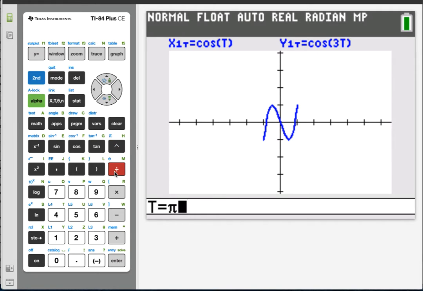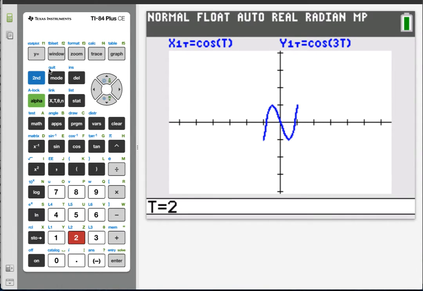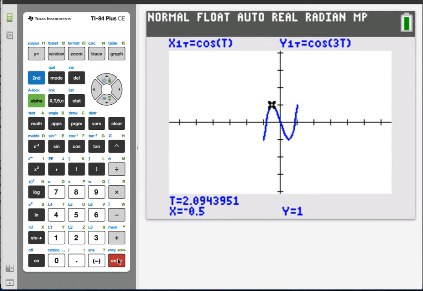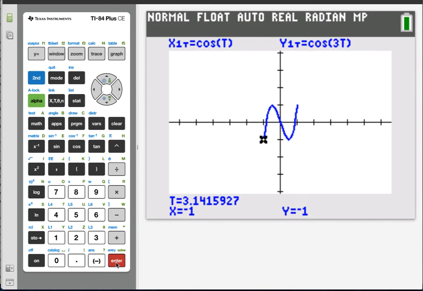Then my next one was pi over 3. If I plot that point, there is the first horizontal tangent, and if I trace to 2 pi over 3, we will see the other horizontal tangent. There's that one, and then if we trace to pi, we're going to see that other point at the end.